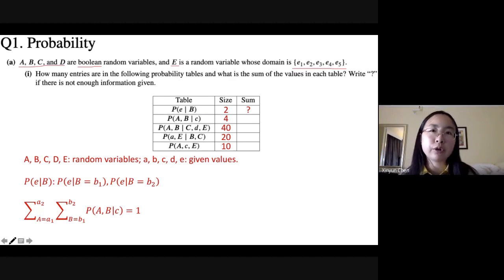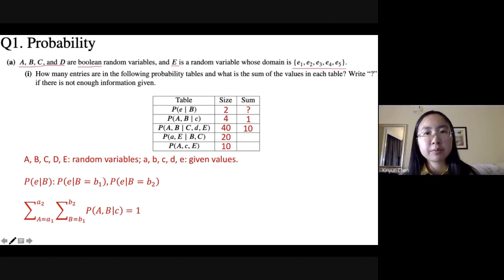According to our previous discussion, the sum of all probabilities of A, B given C should be 1. For the third probability table, note that for all assignments of C and E, the sum of probabilities should be 1. Therefore, when we consider all the possible assignments of C and E, there are 5 times 2 equal to 10 different assignments. So the sum here should be 10.